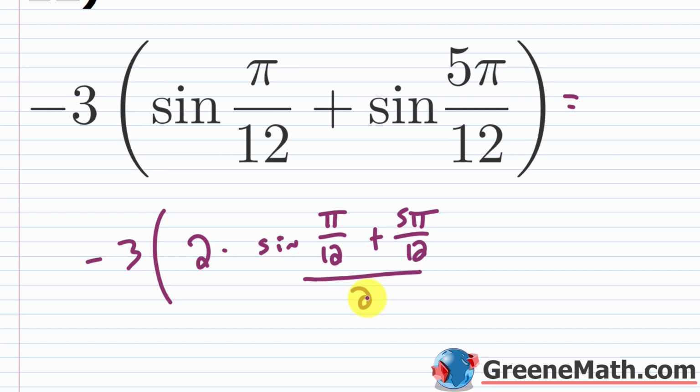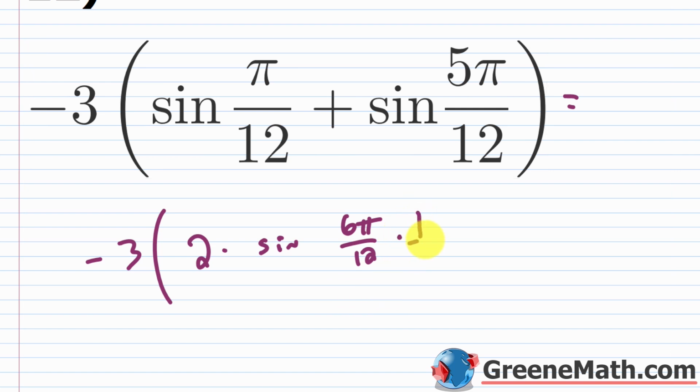So let me just stop and do this now so it doesn't get so messy. So we know that we have a common denominator. 1 pi plus 5 pi would be 6 pi. So this would be 6 pi over 12. So 6 pi over 12. And I'm dividing by 2, so that's the same thing as multiplying by a half.